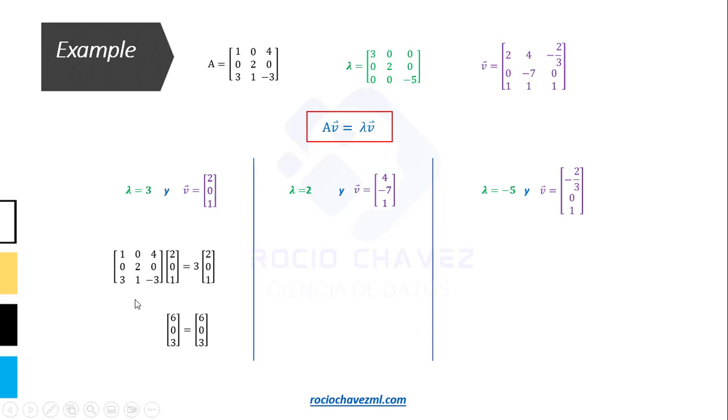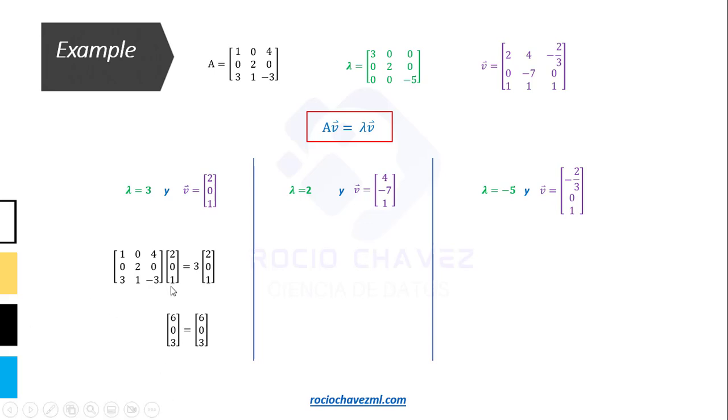If we multiply the first row of the original matrix by the eigenvector, we have 1 times 2 plus 4 times 1, which gives us 6. We multiply the second row and we get the 0 that appears here.